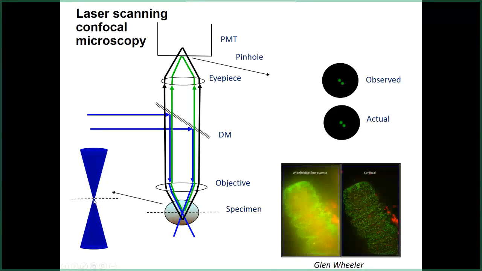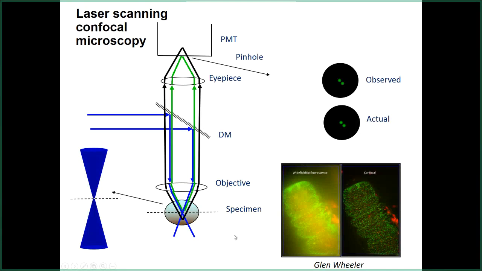It's focused to a spot, but above that spot and below it, there's light going through the specimen, which creates out of focus information. And I've represented that by this black arrow here. And that out of focus information will come up to the camera or the eyepiece or your eye and appear as out of focus blur.